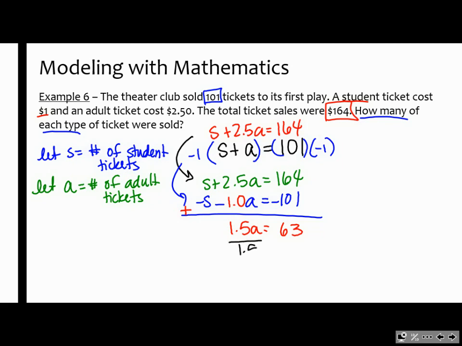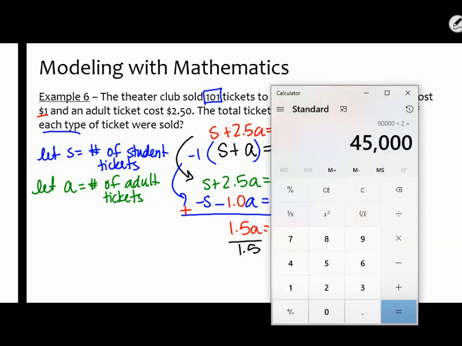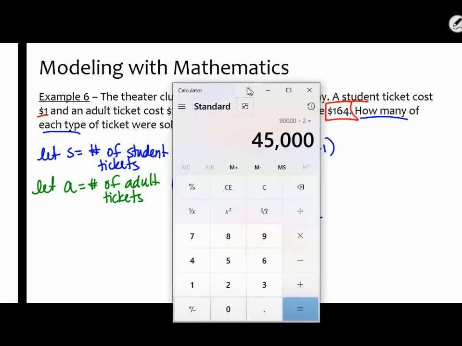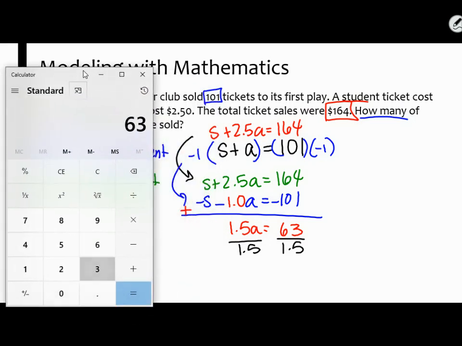Division property of equality, we'll divide 63 by 1.5. And just to be safe with my calculations, 42 adult tickets appear to be sold.